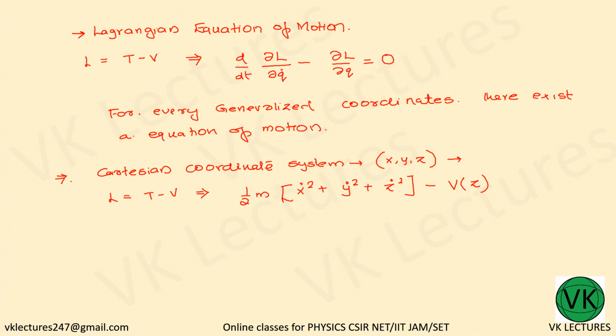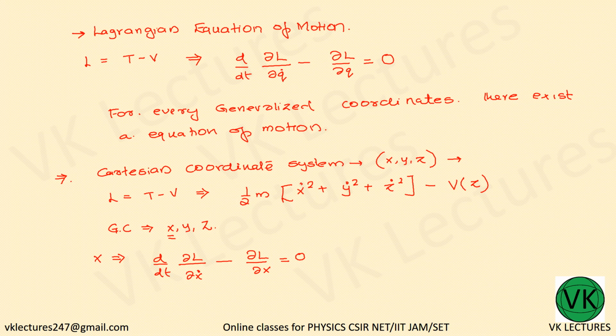Now here all generalized coordinates are x, y and z, and taking the first generalized coordinate x, corresponding to x there is an equation of motion, Lagrangian equation of motion, given by d by dt of dou L by dou x dot minus dou L by dou x equal to 0.